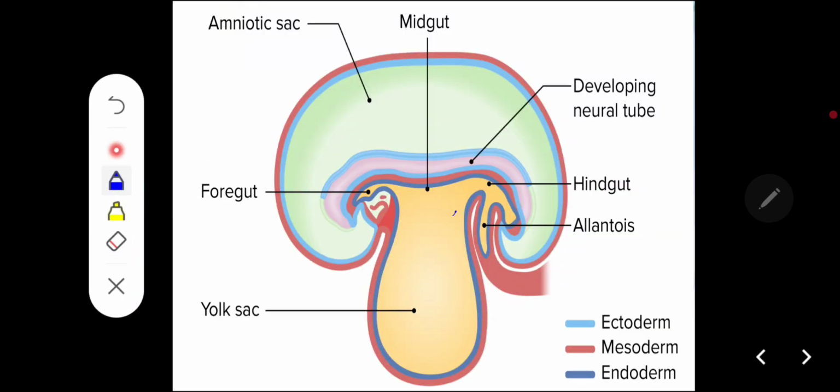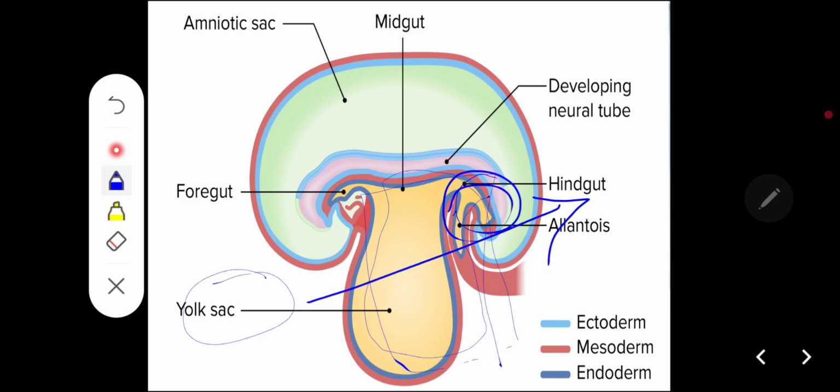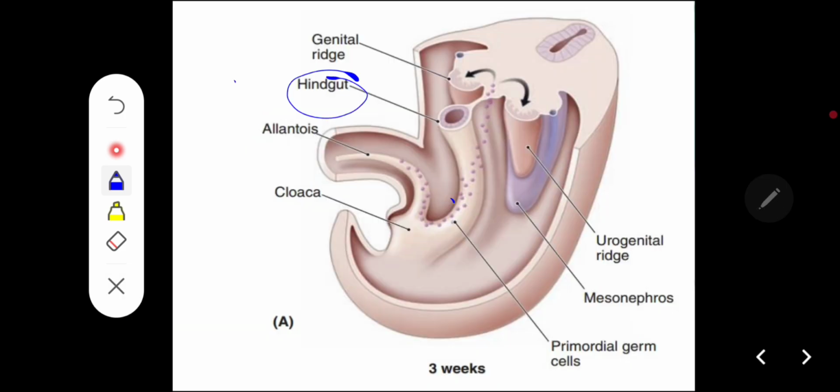Okay, primordial germ cells arise at the 2nd week. By the 4th week, they migrate to the yolk sac. The yolk sac is an early structure for nourishment before the placenta is formed. And then from the yolk sac, they migrate to the hindgut, and from the hindgut to the final destination, the genital ridge.